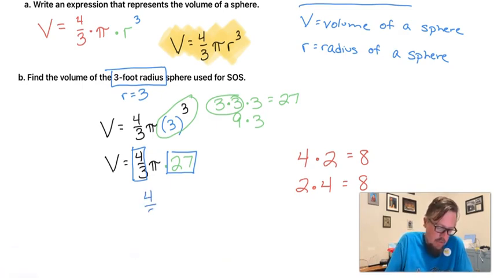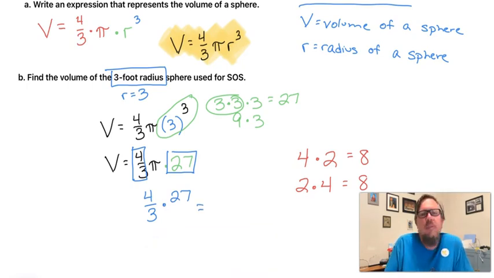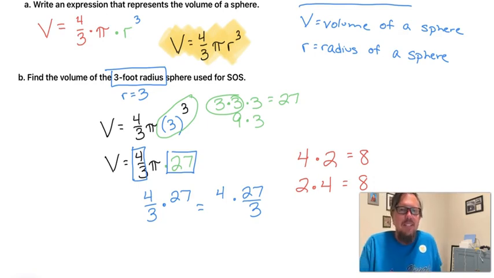4 thirds times 27 is really not that bad, believe it or not. 4 thirds times 27 is the same thing as 4 times 9. And the reason for that is 4 times 27 thirds is the same thing as 4 thirds times 27.